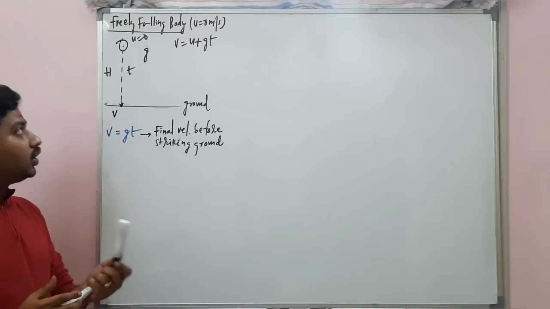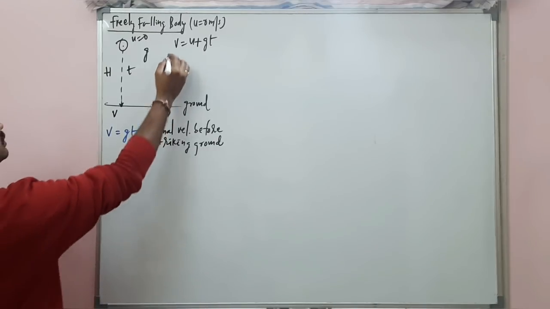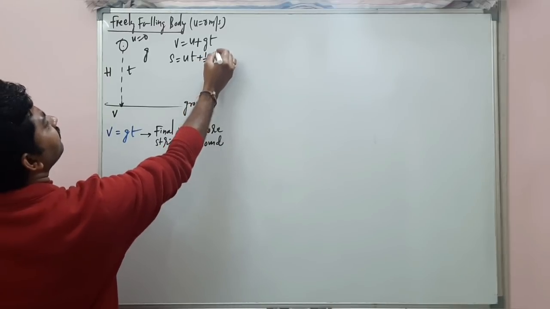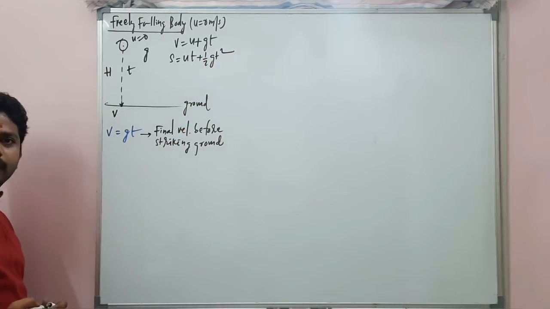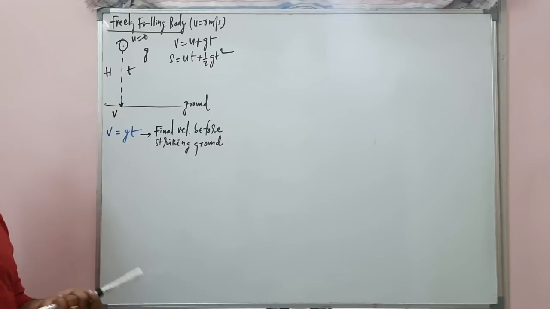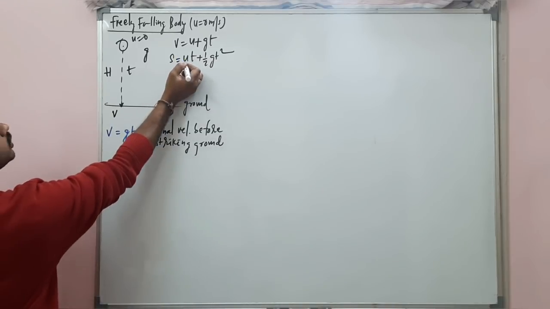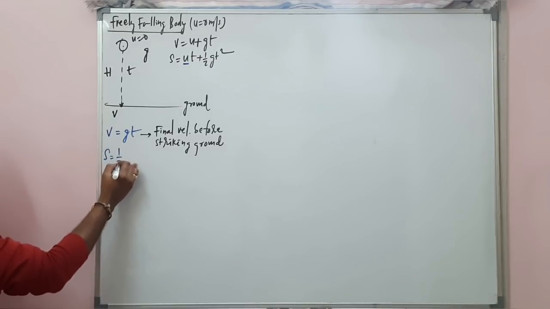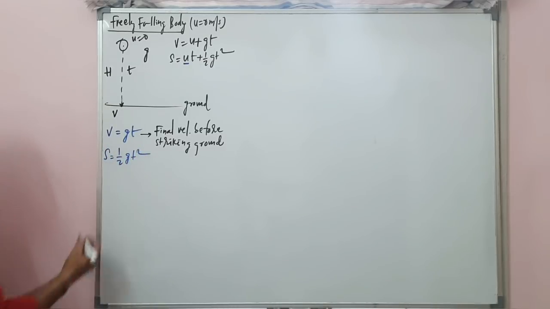Let's use the second equation of motion. s is equal to ut plus half gt square. Here also, as it is freely falling, let us substitute u value as 0. So you get s is equal to half gt square.